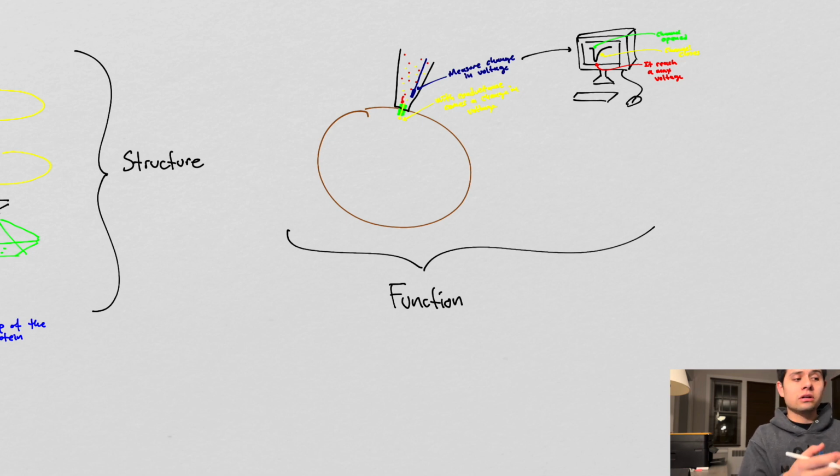You might not be right, but you can think, well, there must be some function. If I see something that has some sort of structural coherence or pattern to it, then you might infer that maybe it's supposed to act like a lever or something like that. You're inferring some sort of function given that there's a structure.